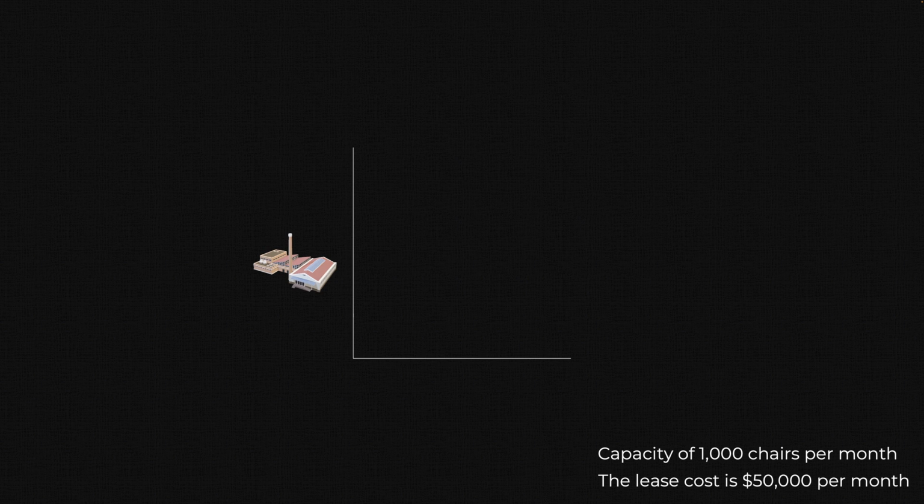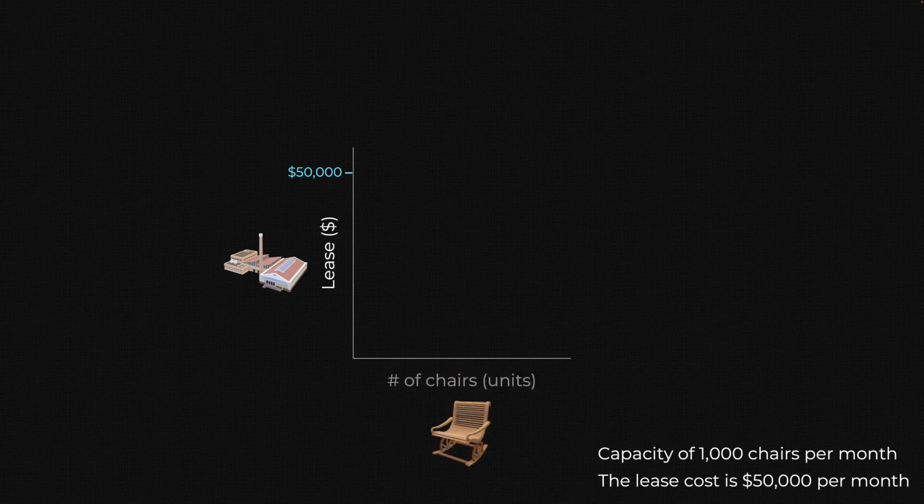On the axis on the left, also known as the y-axis, we will plot the total cost of the lease. And we'll just put a marker on here for $50,000. On the horizontal axis at the bottom, we will plot the number of chairs made, or the number of units.